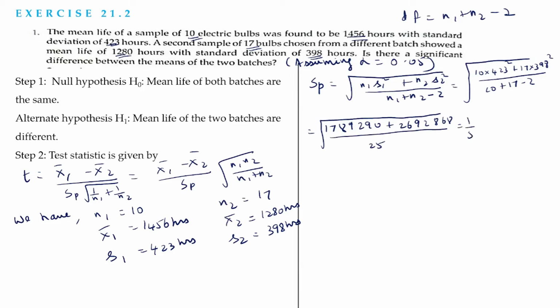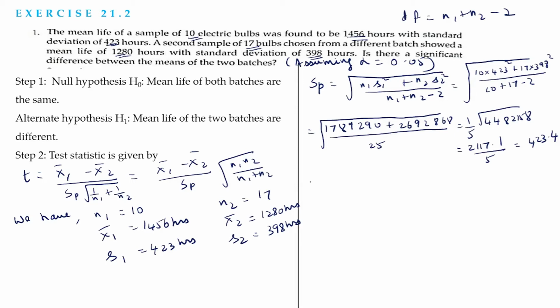So this is equal to 1 by 5 into root of 44,82,158. So this is equal to 2117.1 upon 5. This is equal to 423.4.